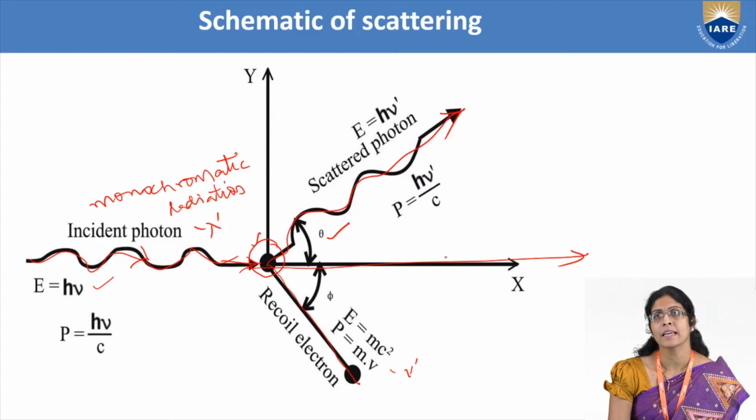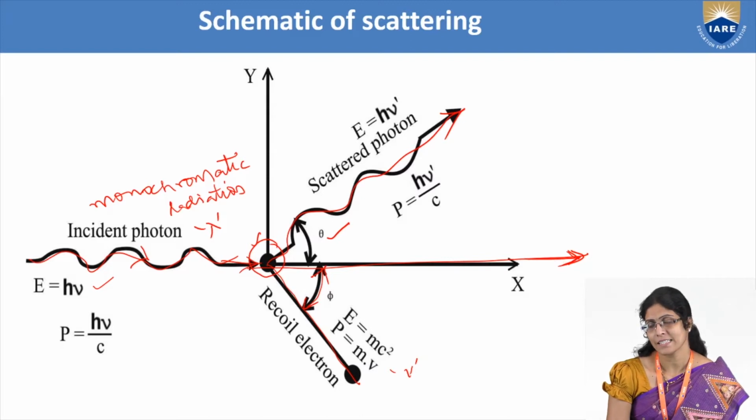The initial path means the incident direction. Let us take phi as the angle which the recoiled electron makes with the incident direction of the monochromatic radiation, that is, the photon.